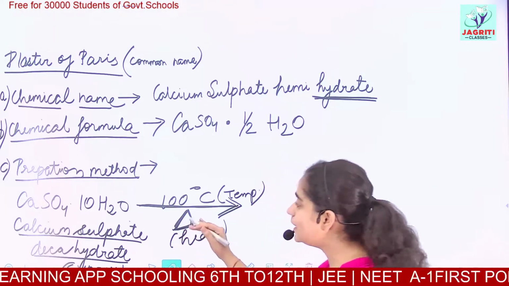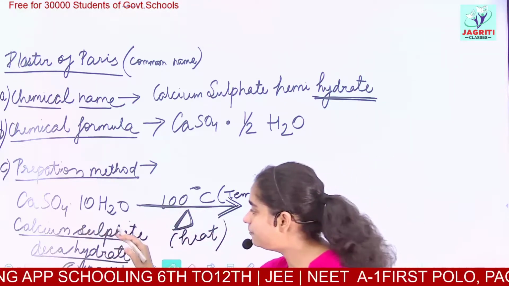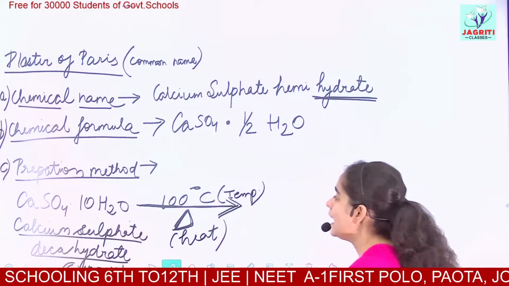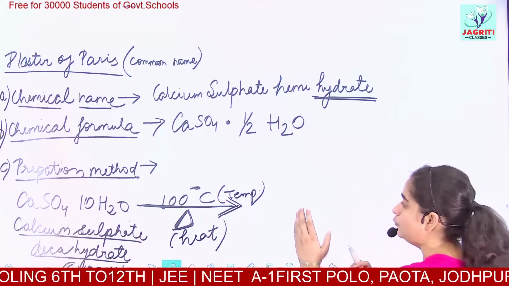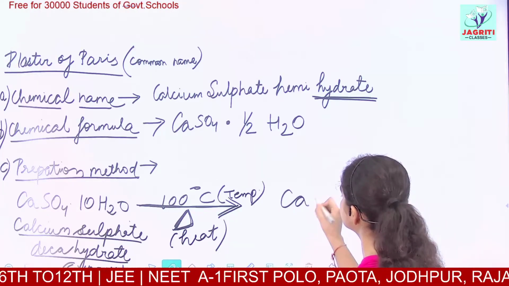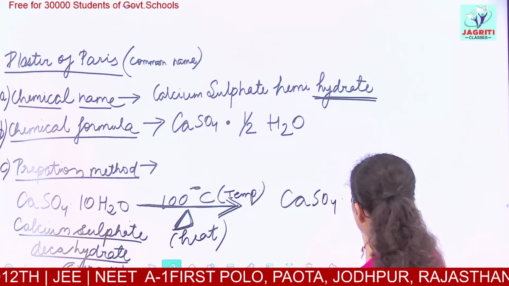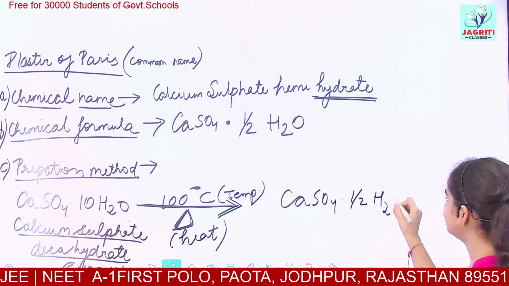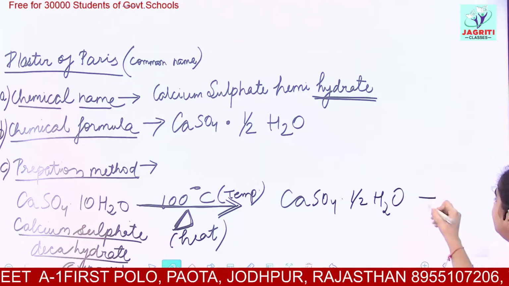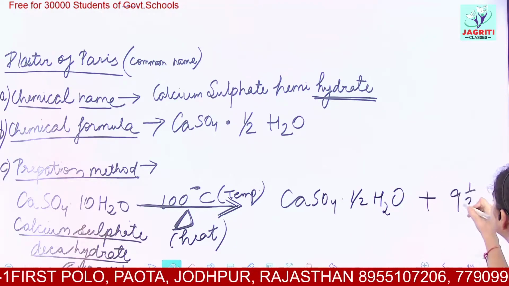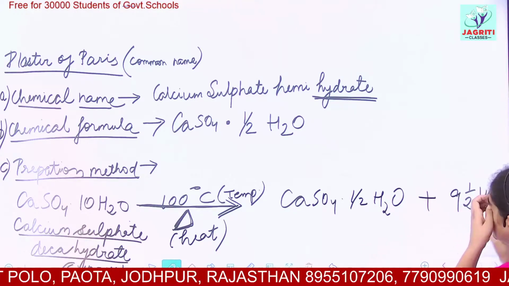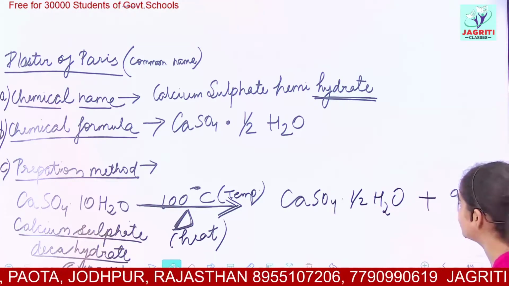So you heat up this gypsum. Calcium sulfate decahydrate is heated at 100 degrees Celsius, and what we get here as a product is calcium sulfate hemihydrate. That is our plaster of Paris, and the remaining water is evolved. This water is released out in the air.